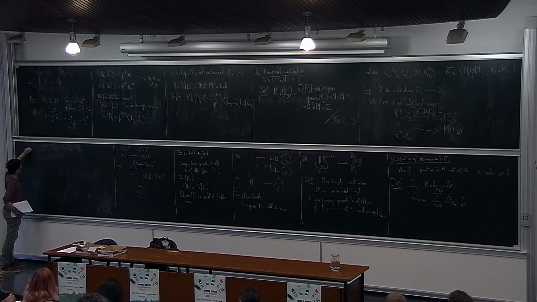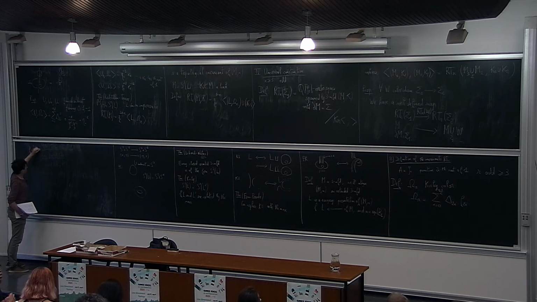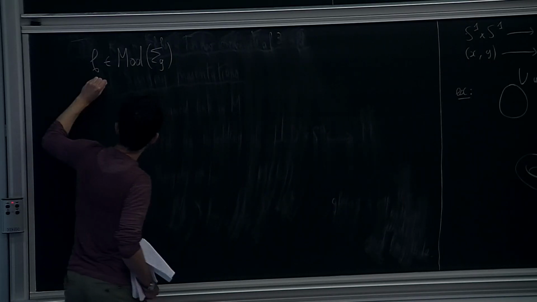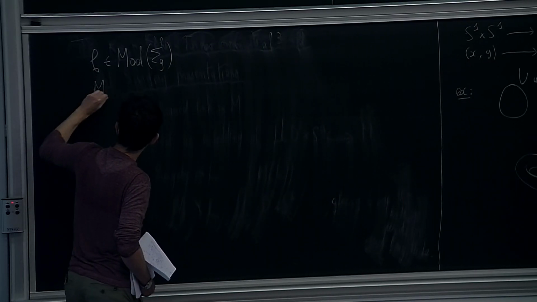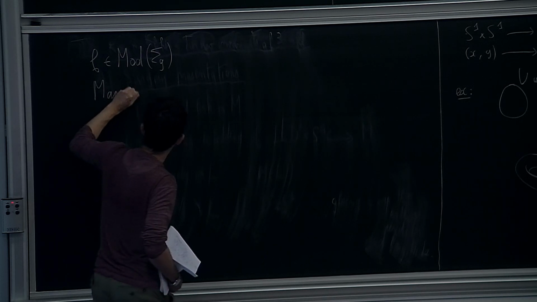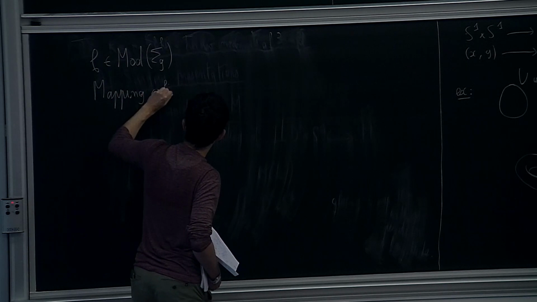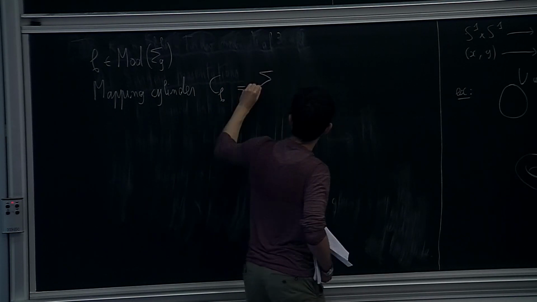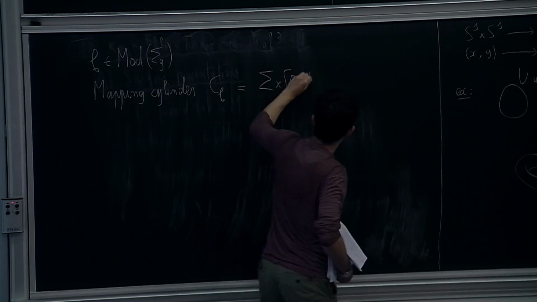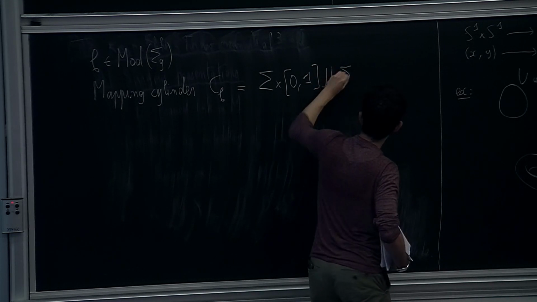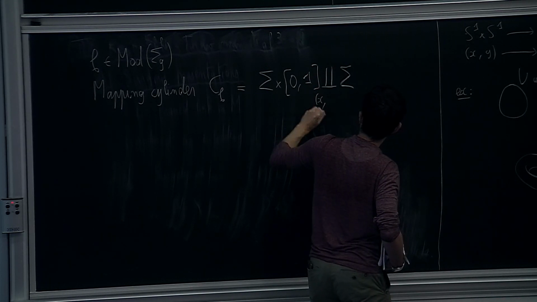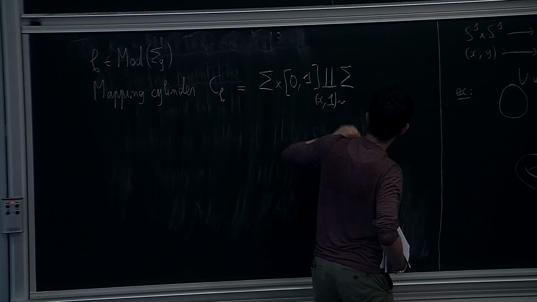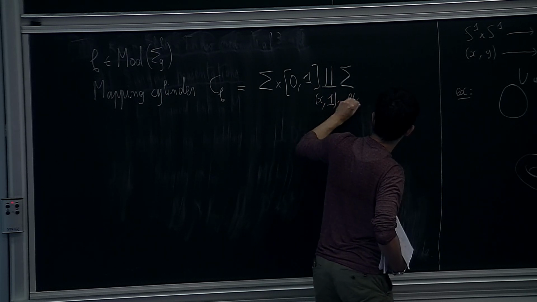If you have f in the mapping class group of sigma g, you get the so-called mapping cylinder, which I will write as C_f. It is sigma times [0,1] union sigma, where I identify x at 1 to f of x.